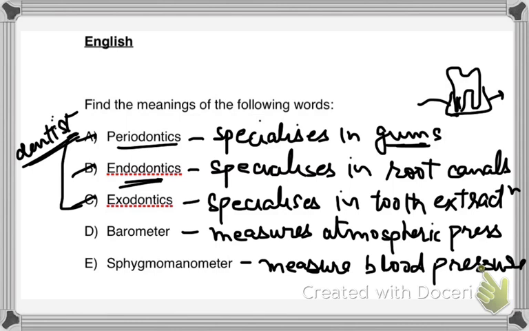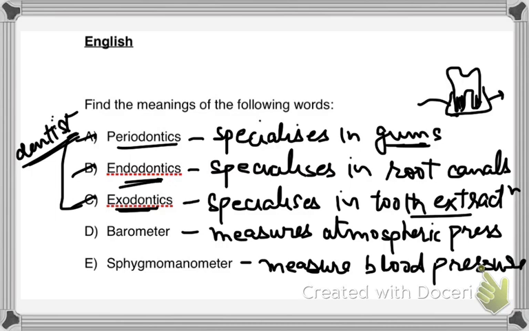Root canal, you all know these are the roots, and they generally dig deep into your teeth and treat your tooth. Okay, so exodontics are those dentists who specialize in tooth extraction.